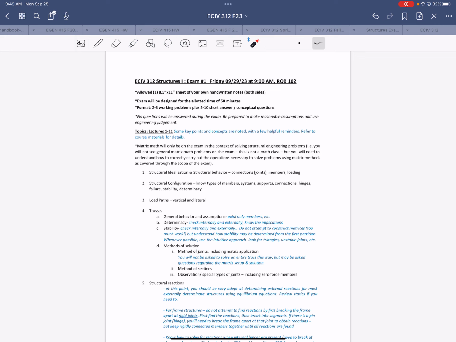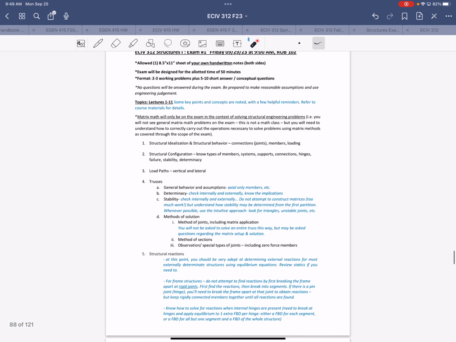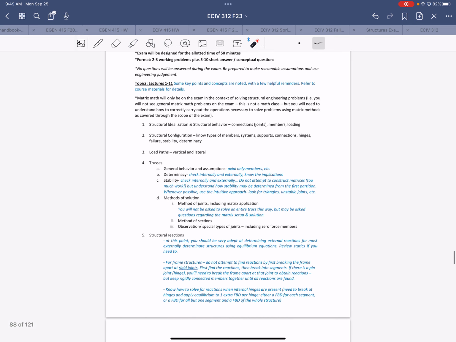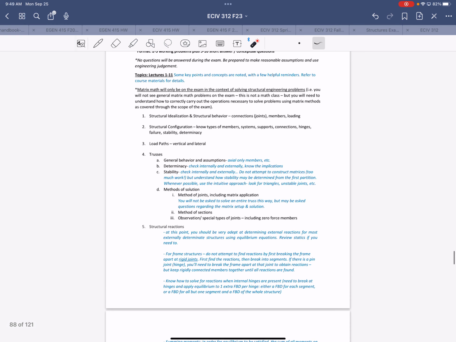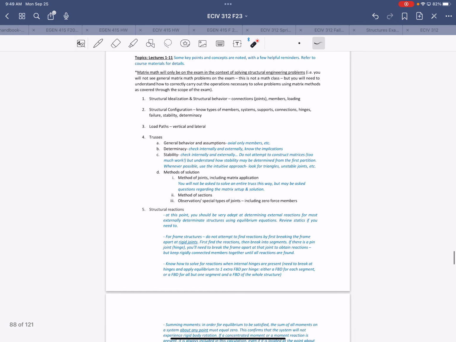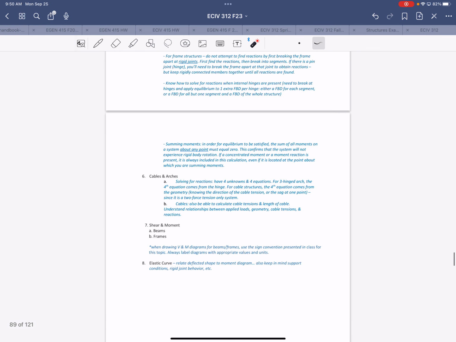Those could be multiple choice or short answer, like draw the deflected shape of this beam. Then I go through the different topics, break down some of the key items and have a few comments in there, but make sure that you review the lecture notes and homework and assigned readings as you go through and study.